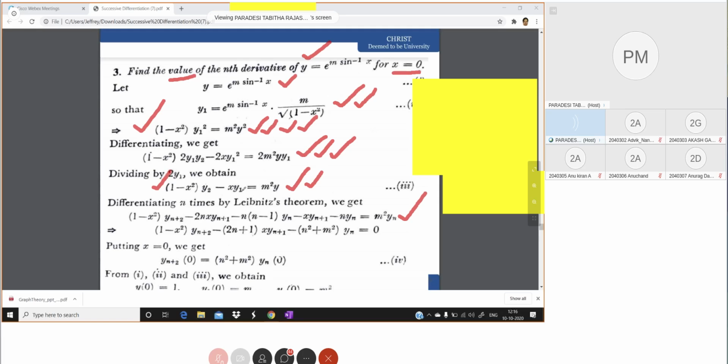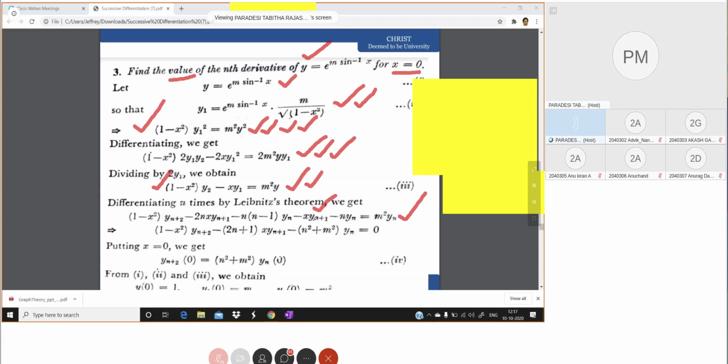After that, it's not going to appear because derivatives would be 0. nC0 is 1, so minus x came as it is. Nth derivative of y1 is yn plus 1. Next, derivative of minus x is minus 1. nC1 is n, and yn plus 1 is now reduced to yn.